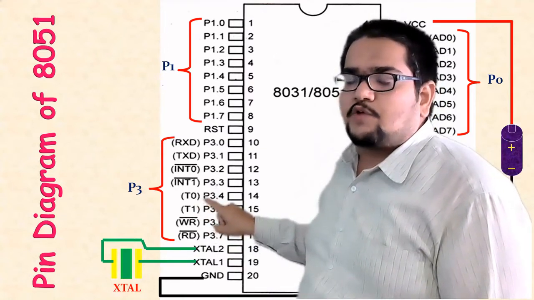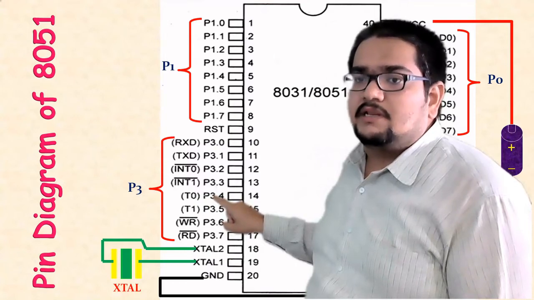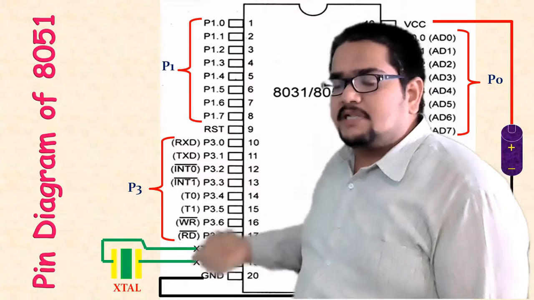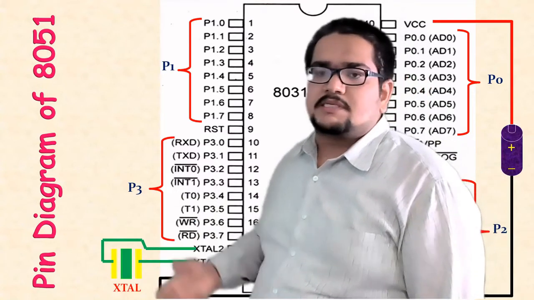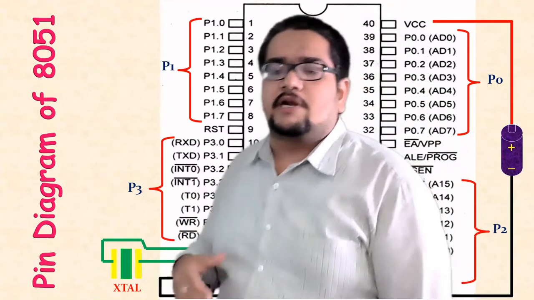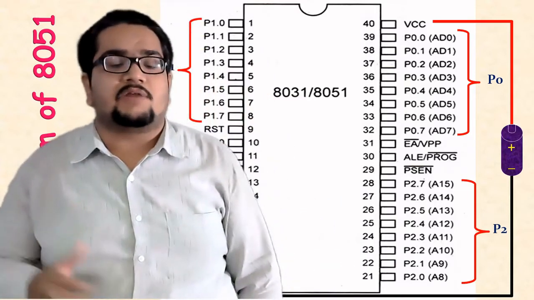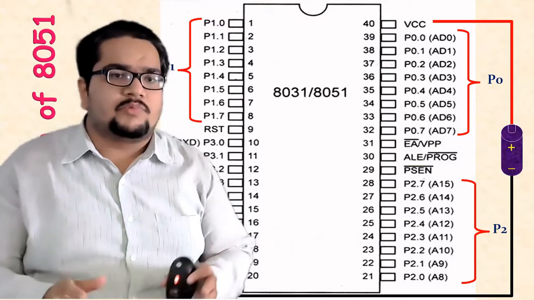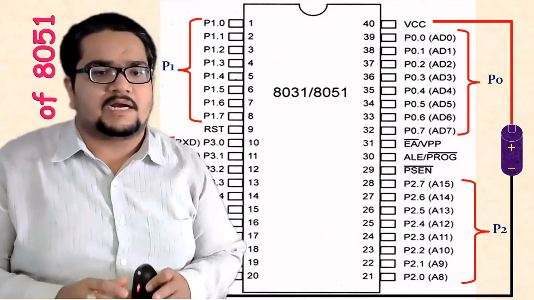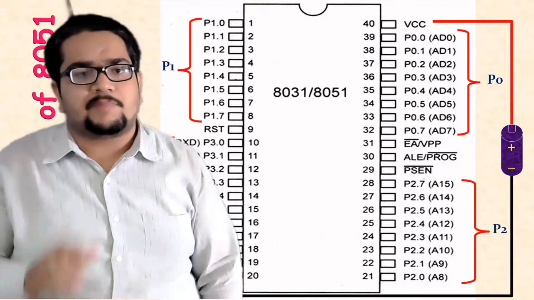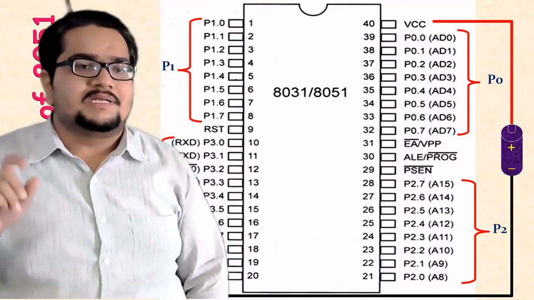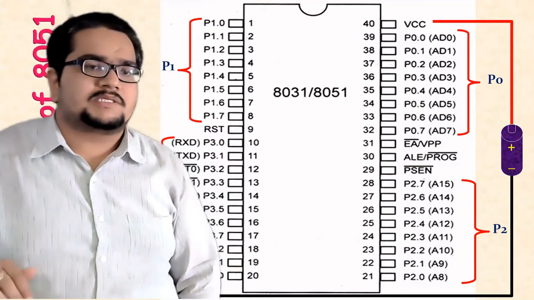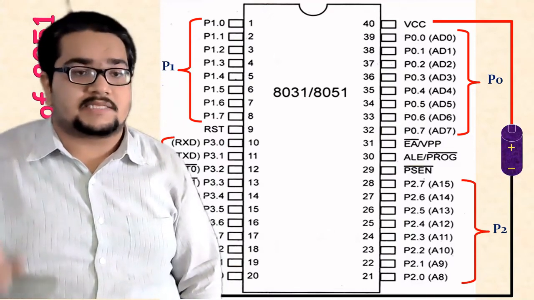If you give the counting signal at pin number 14, timer 0 will count that signal. Every pulse it will count, and pulses you can generate according to the task or event you want. Earlier I gave you an example: if you want to count persons entering a room, you can have a sensor arrangement at the entrance, and every time a person passes through, the sensor will generate a signal pulse.